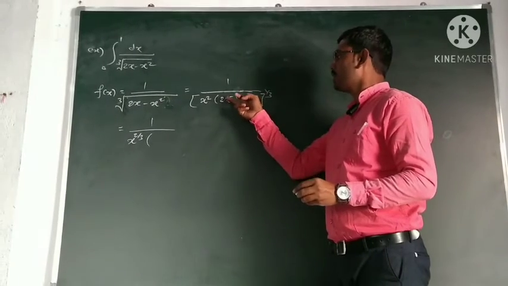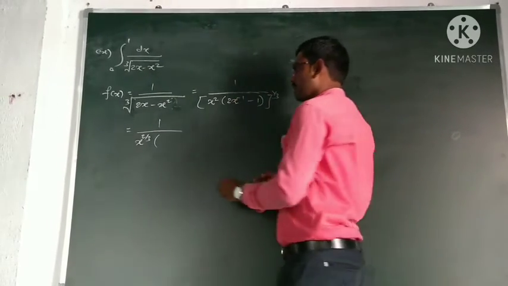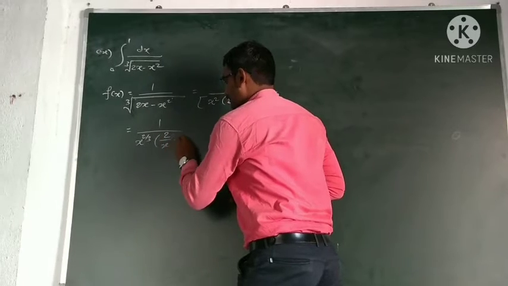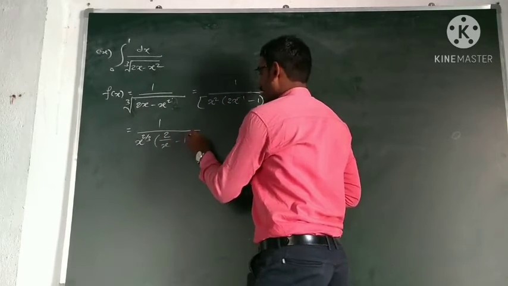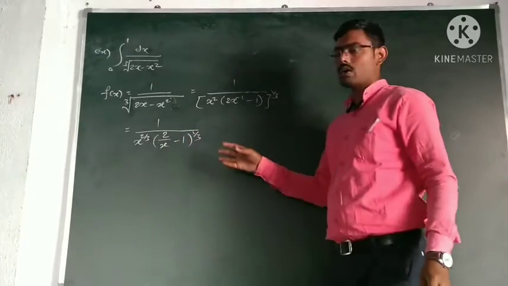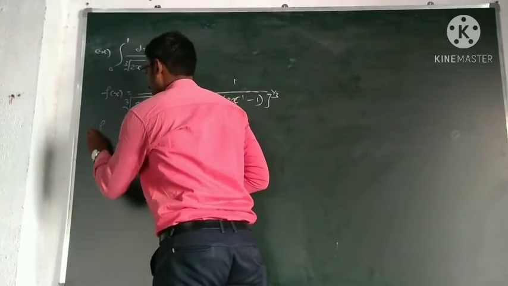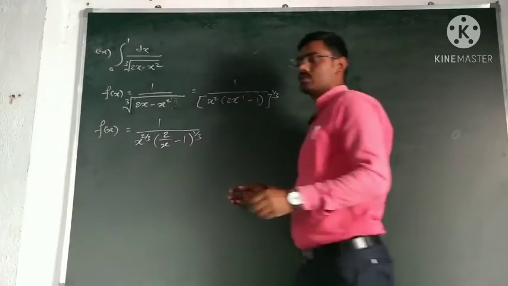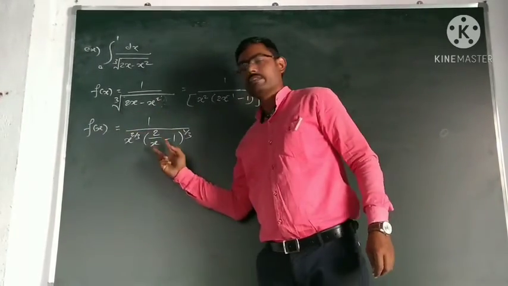Or we can write x inverse as 1 by x, so 2 by x minus 1 raised to the power 1 by 3, the cube root. So we have made some adjustment, and our f of x looks like this.